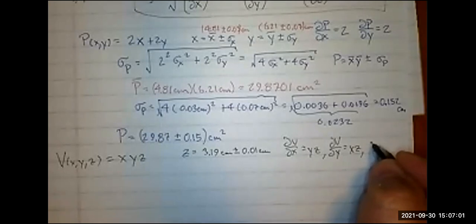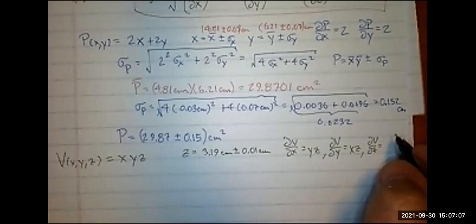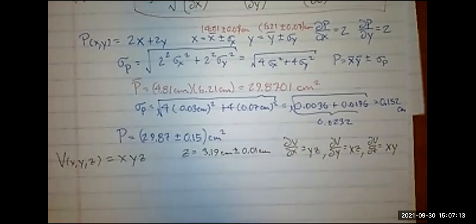It would be XZ. Exactly. And finally, the partial of V with respect to Z should be XY.